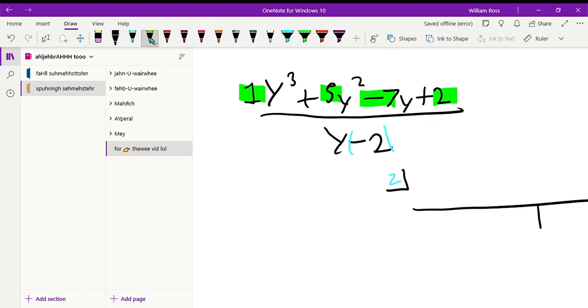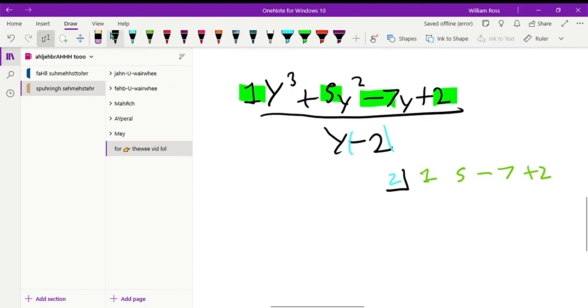Alright. So transfer the numbers. Bring the first term down.